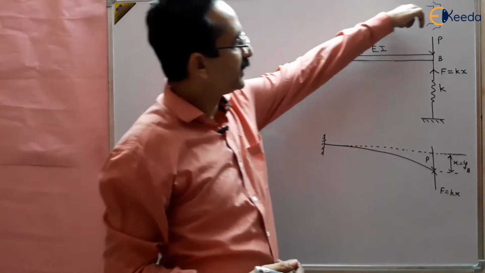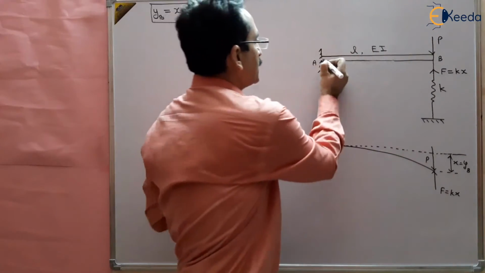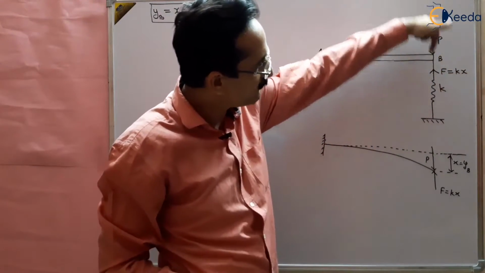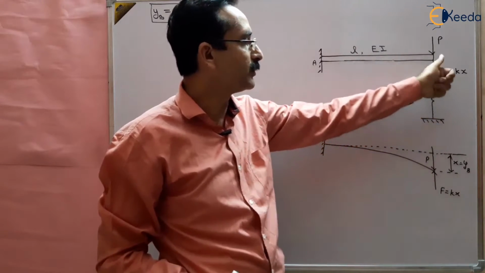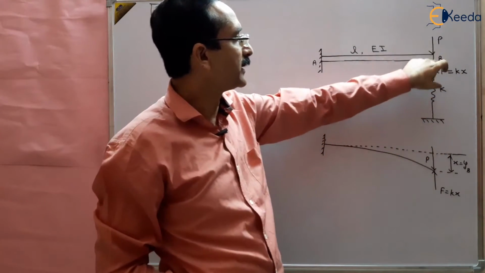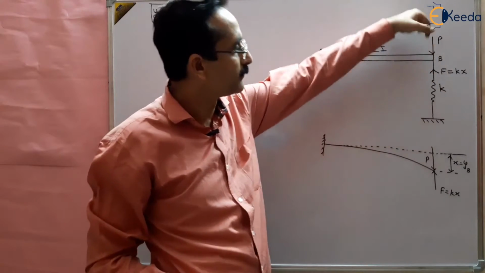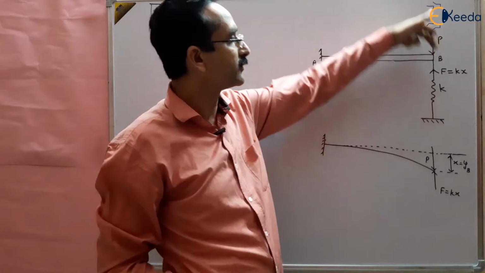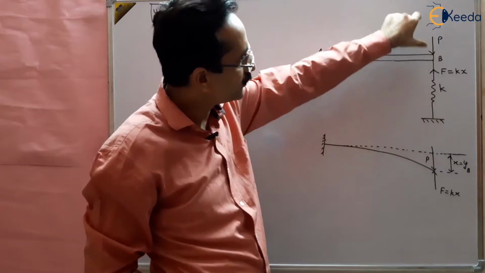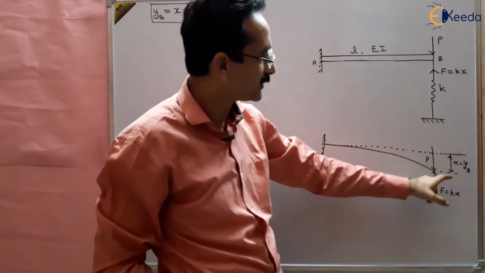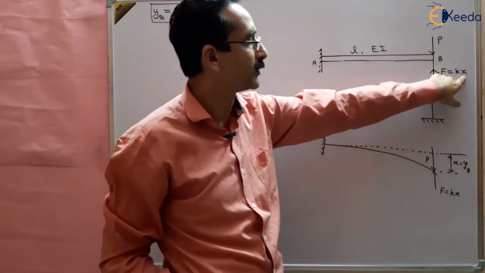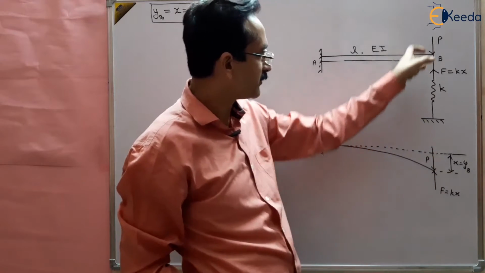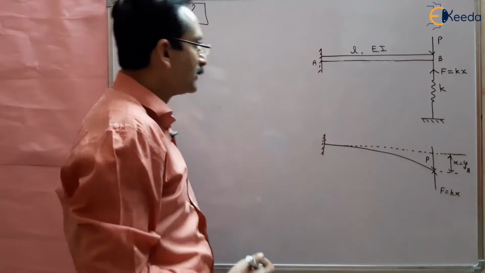When the load P is applied, there will be deflection at the free end, and due to that deflection the spring will be compressed, and this compression will be resisted by the spring in proportion to the deflection, that is Kx. So Kx will be the upward force and P will be the downward force. The deformation is x, which is also equal to YB, because point B is deflected.